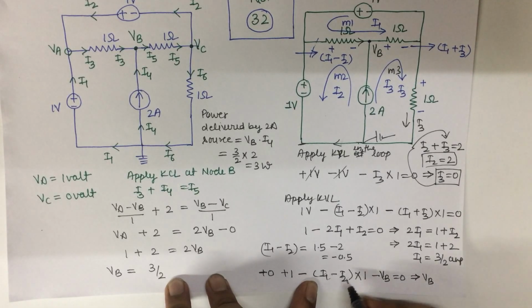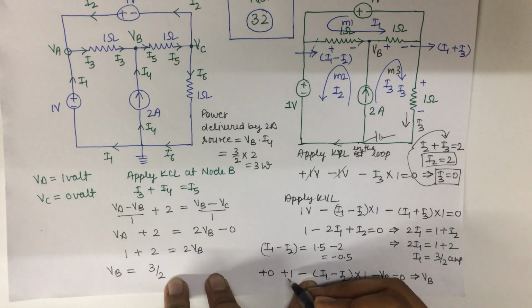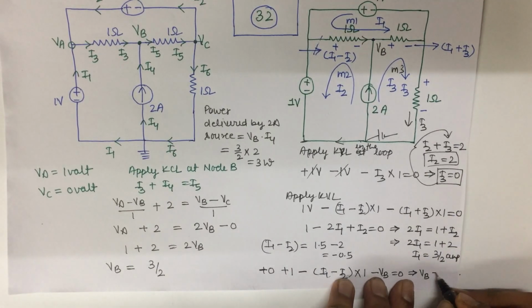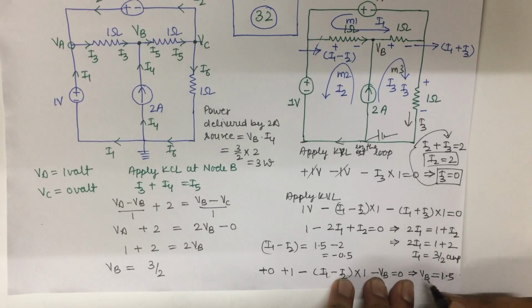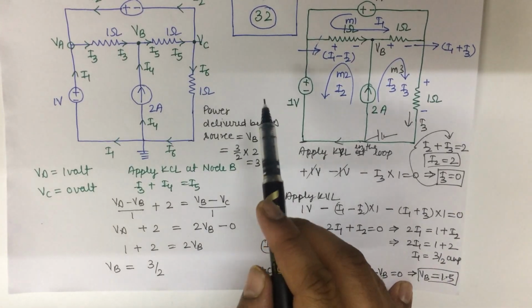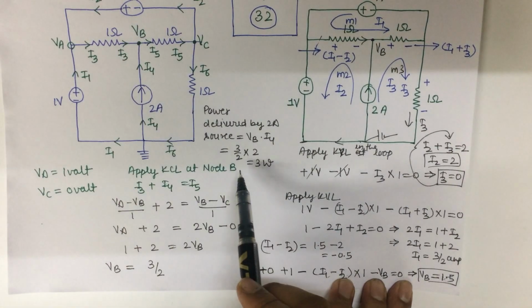I1 minus I2 is minus 0.5, so minus and minus gives plus 0.5, plus 1, and the value of VB is 1.5. This is the same as we derived from nodal analysis.